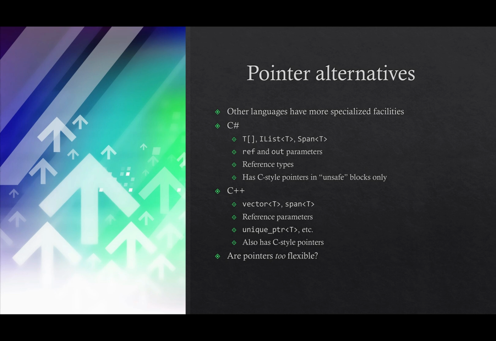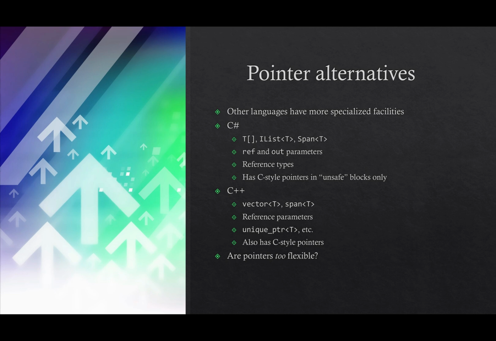Now, even C++, although it inherits all of the functionality of C, including raw pointers, also has other facilities that allow you to define more constrained behavior. There's a class template in the C++ library called vector, where a vector of T is a growable sequential collection, like an array, very similar to a list of T in C#.